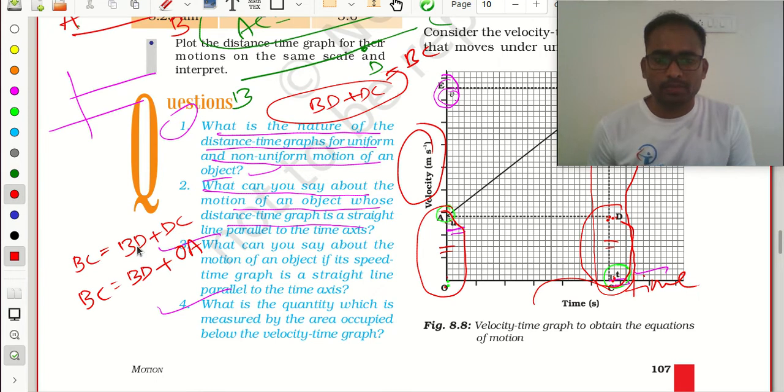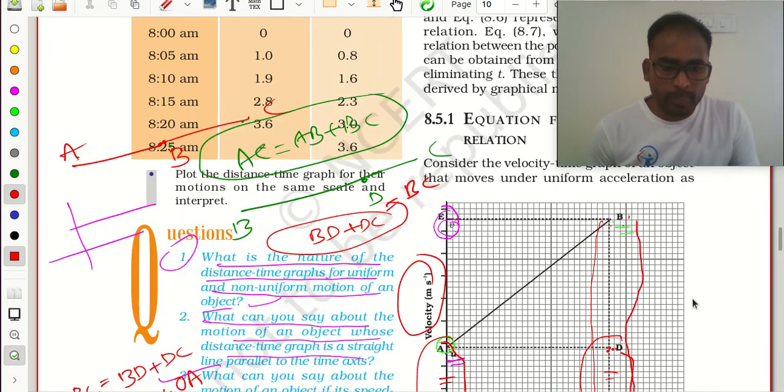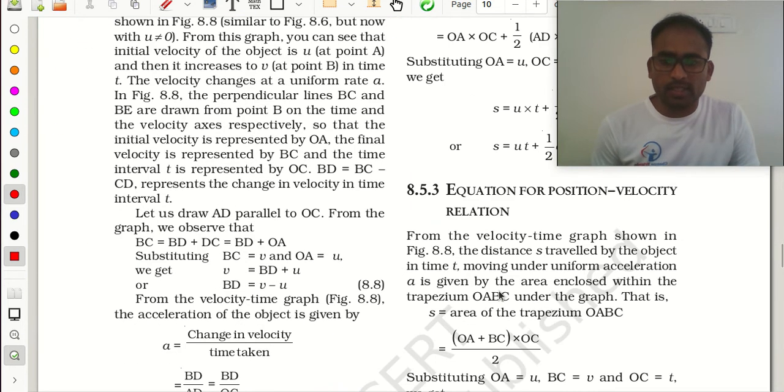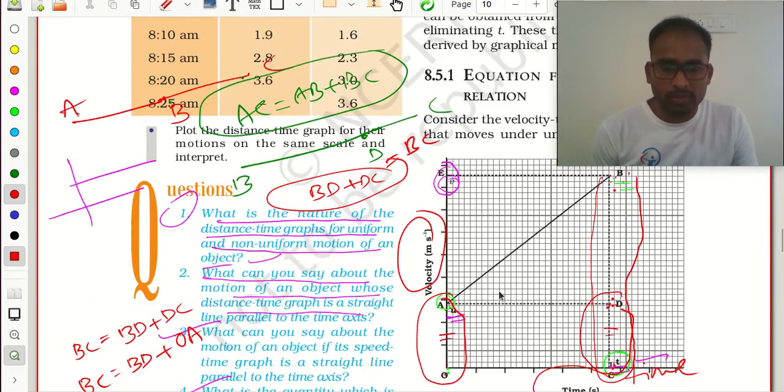Okay. So BC is equal to BD plus OA. We need to substitute the value of this BD and this DC now. So we have BC as v, v means final velocity.